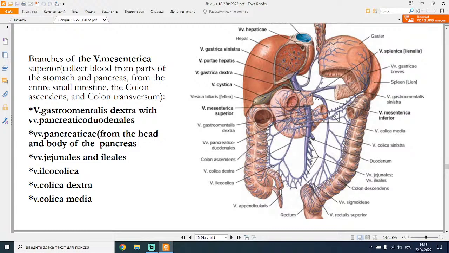It collects blood from parts of the stomach, pancreas, the small intestine, the colon ascendens and colon transversum. Next veins: vena gastroomentalis dextra, pancreaticoduodenalis, venae pancreaticae from the head and body of the pancreas, venae jejunales, ileales, and vena ileocolica.